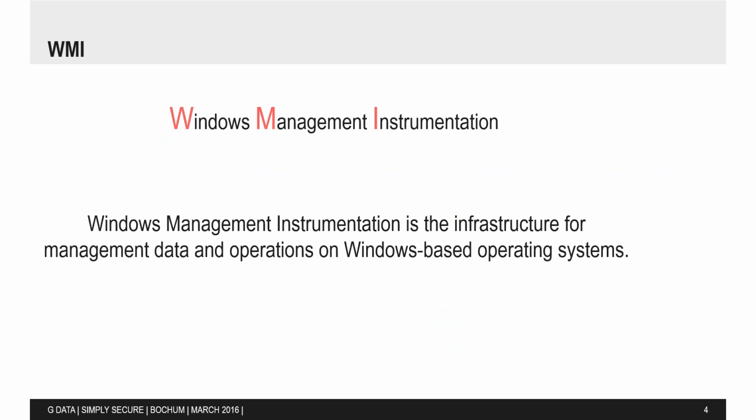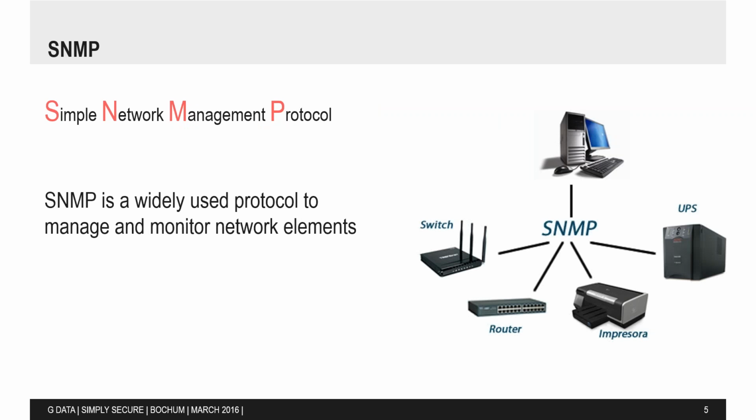Where do we actually get this information from? There are basically three sources that we get the information from. One of them is the Windows Management Instrumentation, which is a subsystem of all Windows operating systems. The other one is SNMP.